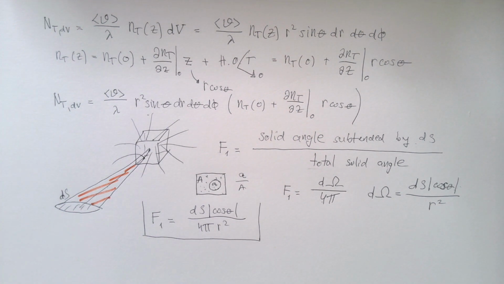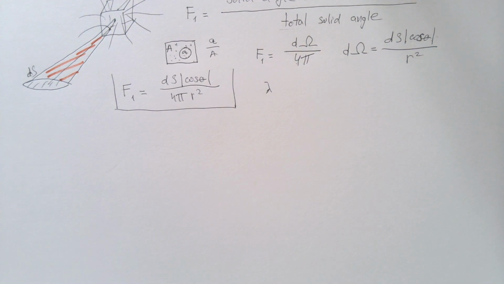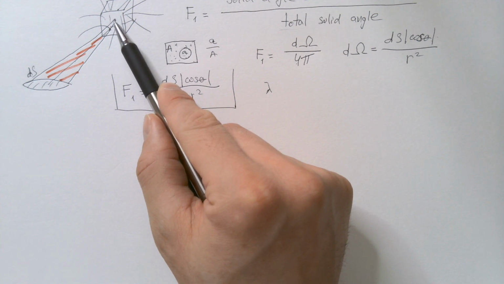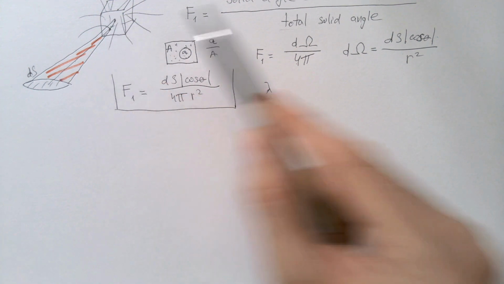Well, to find that, we will use the concept of mean free path. Mean free path, again, lambda, is the average distance a particle travels between collisions. And of course, we always assume that collisions are random in the gas, and that therefore two collisions are independent of each other. How do we find the probability that a particle leaving this volume element dv will actually reach ds without colliding?